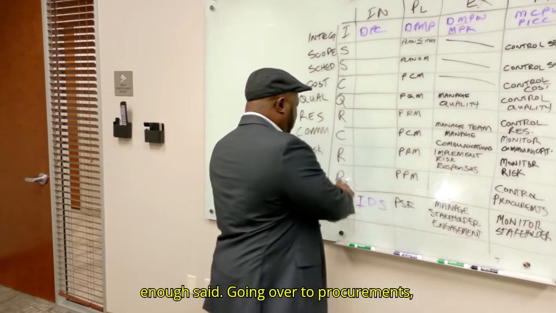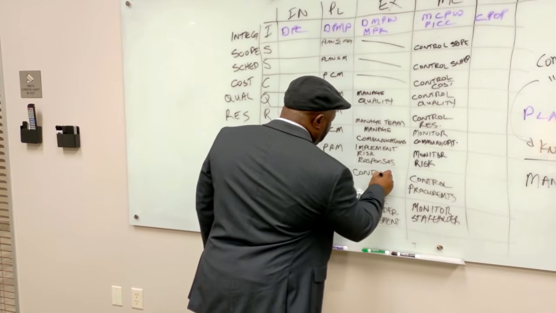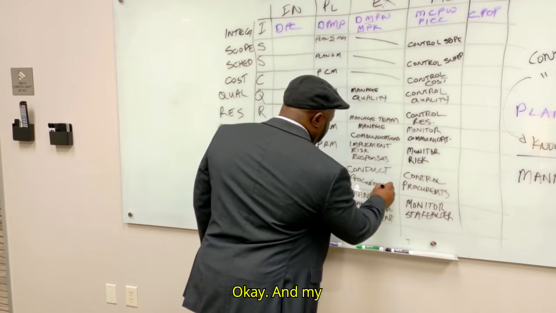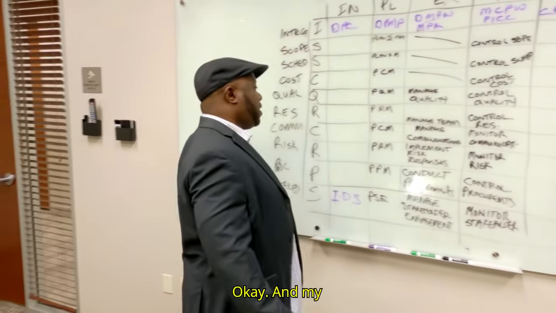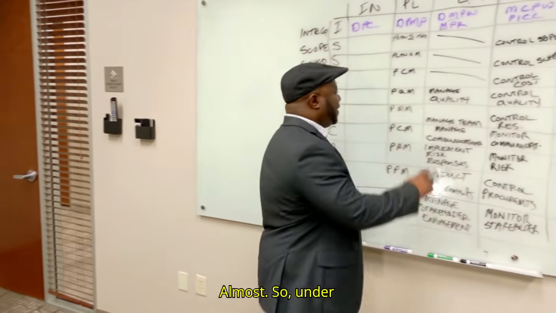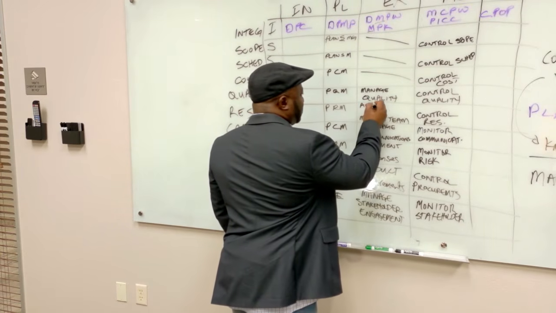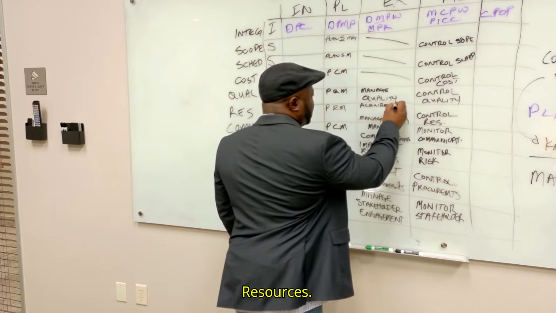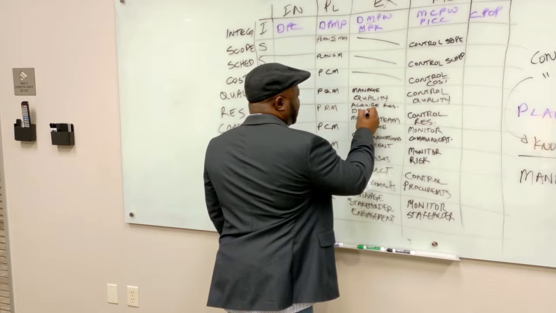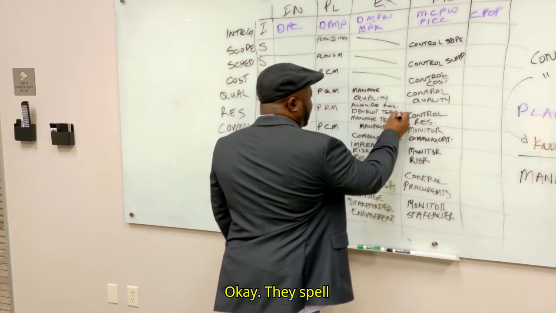Anyway, enough said. Going over to procurement, we have conduct procurement. And my friends, we are almost done, almost. So under resource management, we have acquire resources, and then we have develop team, okay?